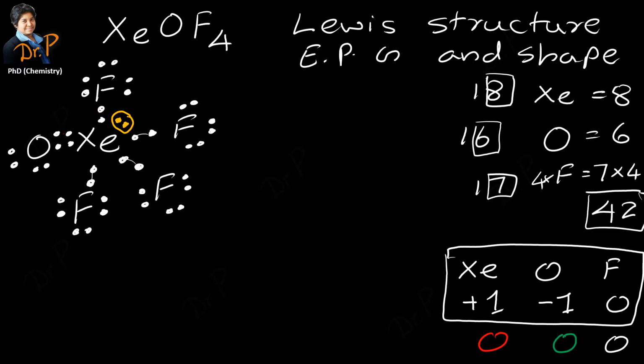Now I'm going to redraw this structure as a proper Lewis dot-dash structure. I have a double bond between oxygen and xenon, and these are my remaining electrons.